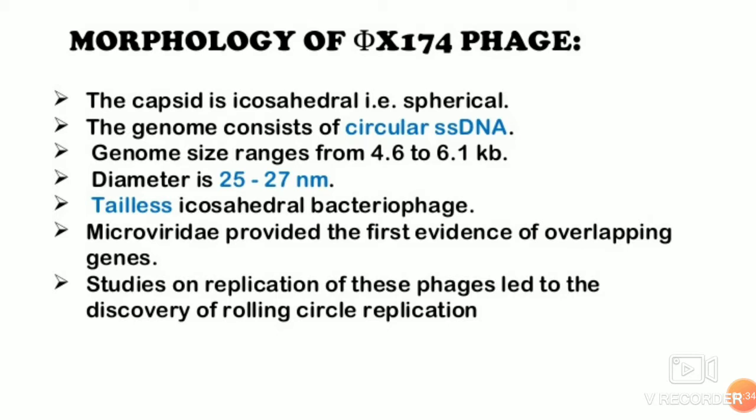The importance of this phage is that while studying it, they found out the genome is circular, and the rolling circle model of replication was effectively studied in this bacteriophage.